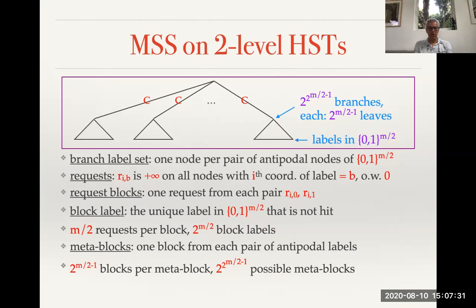So overall, since there are 2 to the m over 2 block labels, there are 2 to the m over 2 minus 1 blocks per meta block, because for every pair we chose one of the two. And there are 2 to the 2 to the m over 2 minus 1 possible meta blocks, possible choices of a block for each pair.